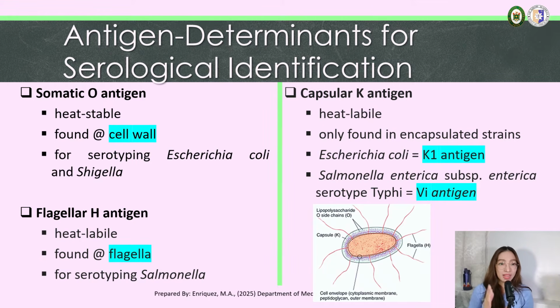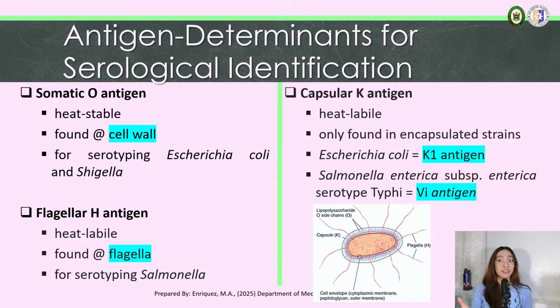But again, the somatic antigen is heat stable, so its structure will not be affected even after heating the organism. So in some serologic methods, if they want to increase the specificity of the test in detecting the O antigen, they could subject the sample to heating, which eliminates the interference of the two other antigens.